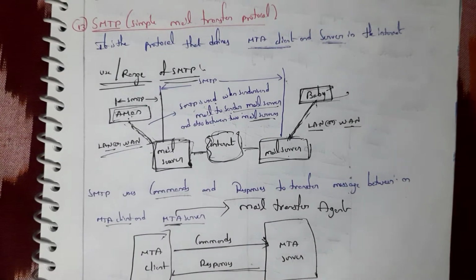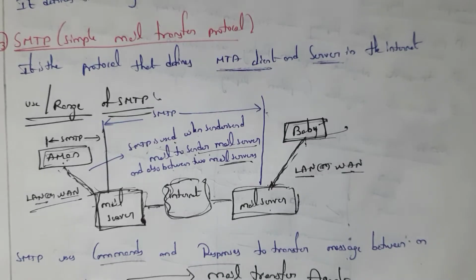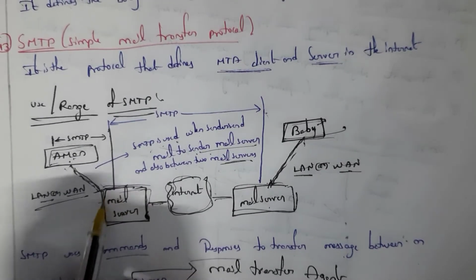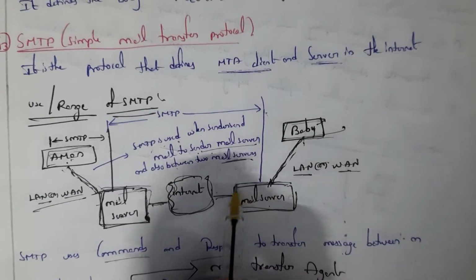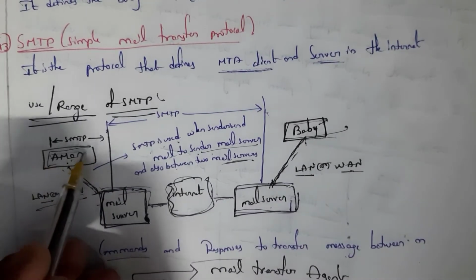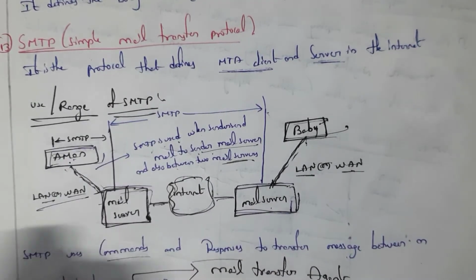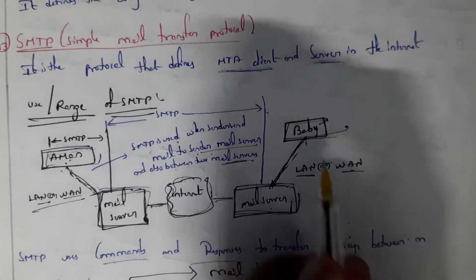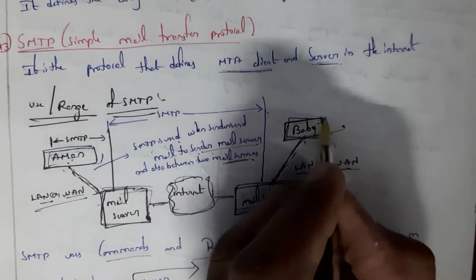This is the structure of SMTP. There is a mail server and there is another mail server. This person Aman wants to send mail to the person Baby.